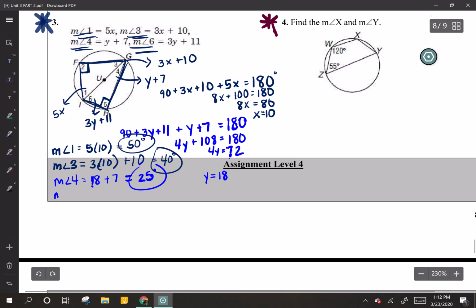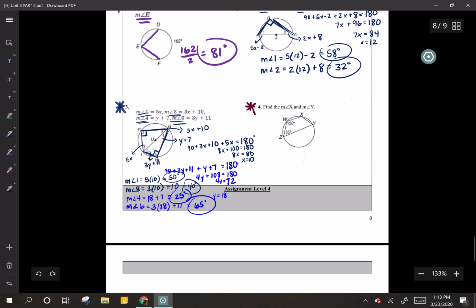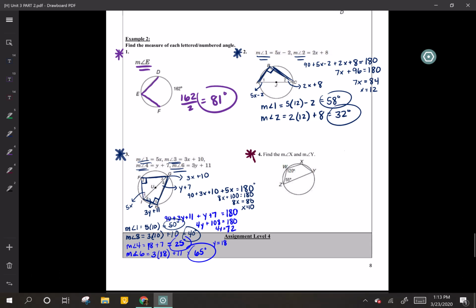And then measurement of angle 6, which gives me 3 times 18 plus 11, which gives me 65 degrees. Okay. Whew. So that was a lot of steps, but like I said, it was just like number 2.